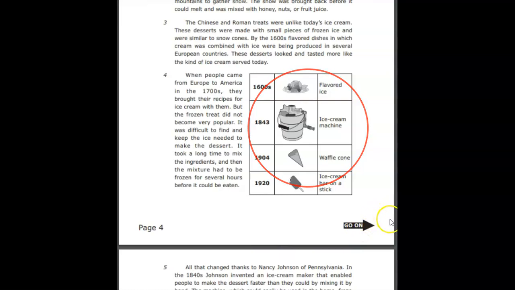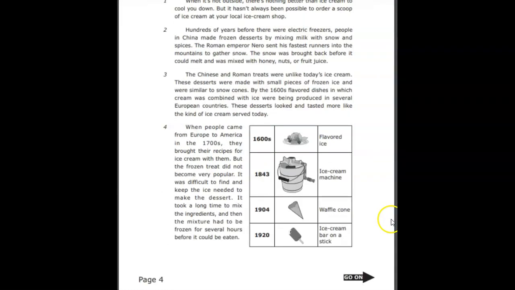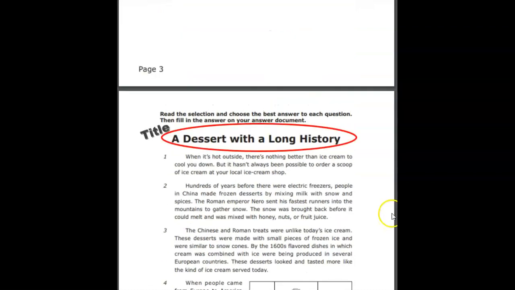this step, our T in TRAP, to get a really good idea about what is going on here. So I think that I have my title circled. I've circled some of the captions on the pictures, and now I want to write author's purpose.